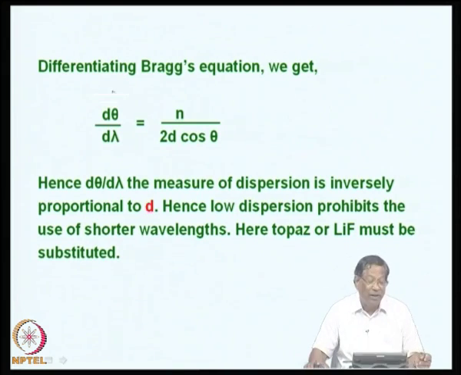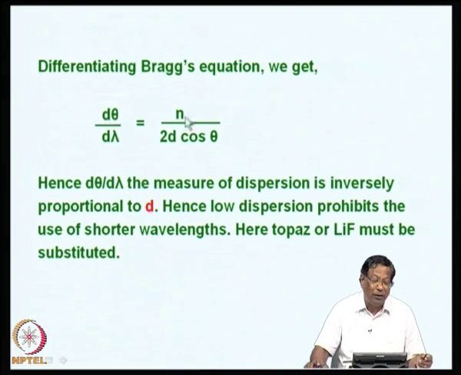Crystals with large lattice spacings offer better control over the scatter, but this results in lower dispersion also. This is a consequence of Bragg's law of X-ray diffraction. If you differentiate Bragg's equation, we get d theta by d lambda equal to n over 2 d sin theta, and this 2 d comes in the denominator.